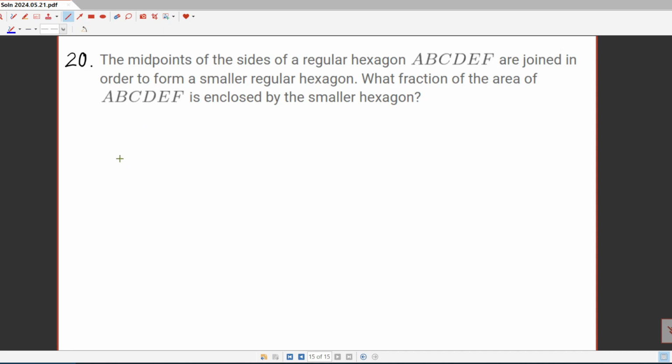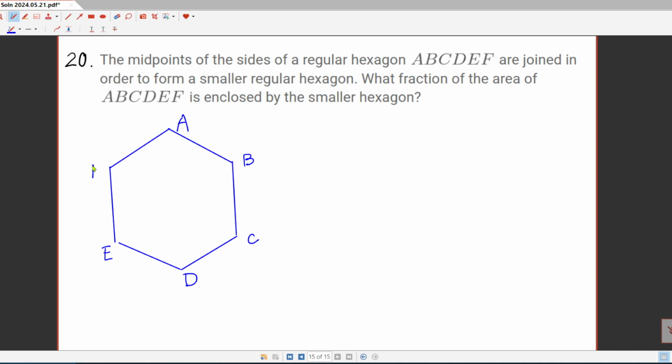We have a regular hexagon again, A, B, C, D, E, F. And we have some midpoints of each side, so let's call these points G, H, I, J, K, and L respectively.